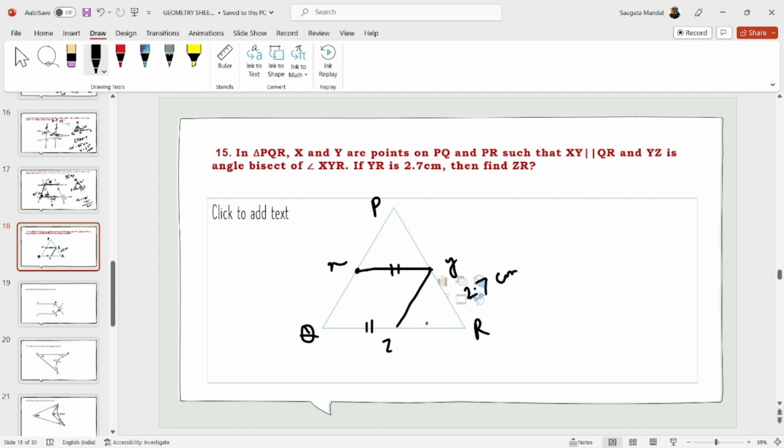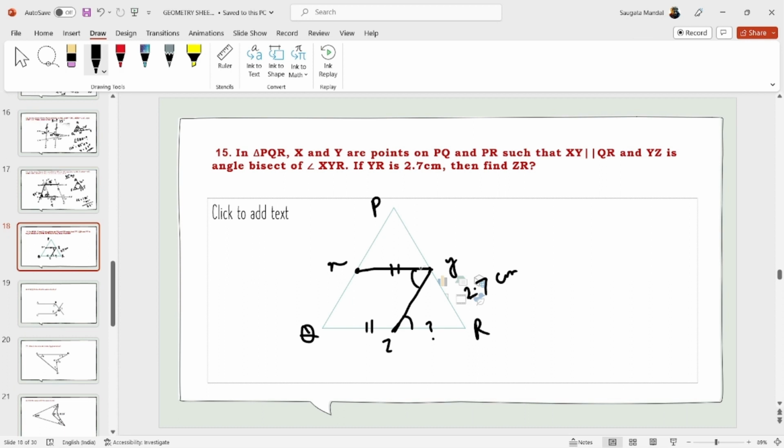Then find ZR. In this figure, you can see that XY and QR are parallel to each other, and YZ is a transversal line. So this angle and this angle are alternate angles, that means they are equal to each other.